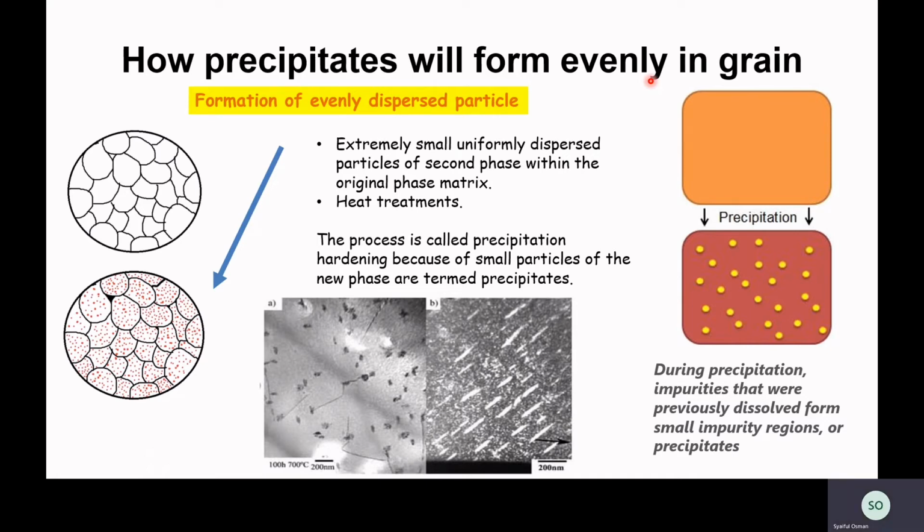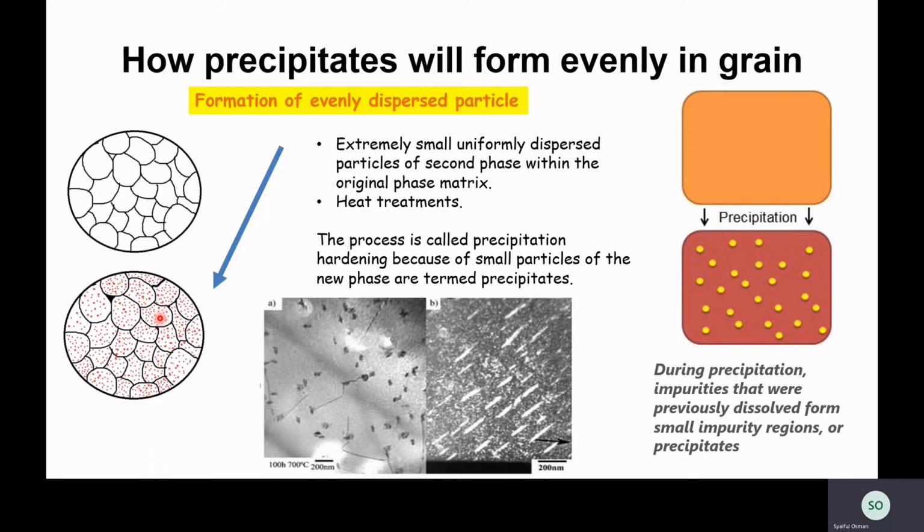The strength and hardness of some metal alloys may be enhanced by formation of extremely small, uniformly dispersed particles of a second phase within the original phase matrix, like what we can see in the figure here. And this can be accomplished by appropriate heat treatment.